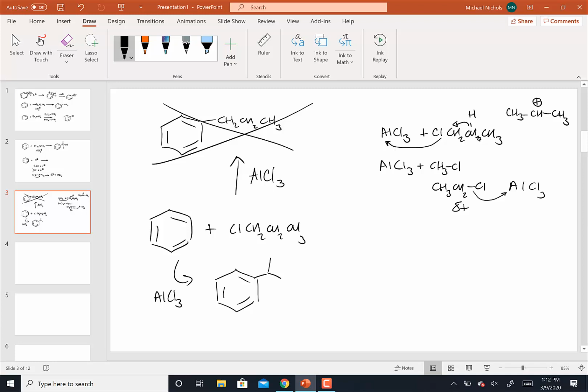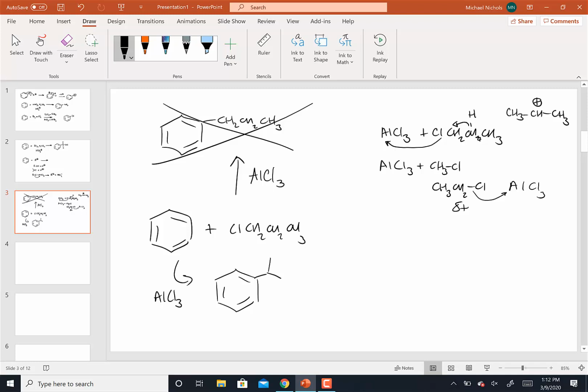But in this case, if you try and react anything other than methyl or ethyl, any straight chained alkyl halide in Friedel-Crafts, you're going to get a secondary carbocation. You're going to get just one hydride shift.